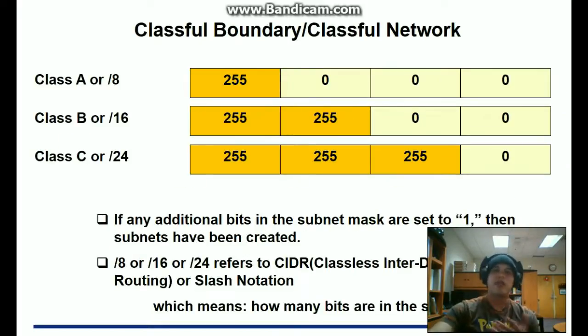Now, here's the classful boundary or the classful networks for Class A's, Class B's, and Class C's. So we know that the first octet in a Class A is the network portion, so that means that is all 255s.